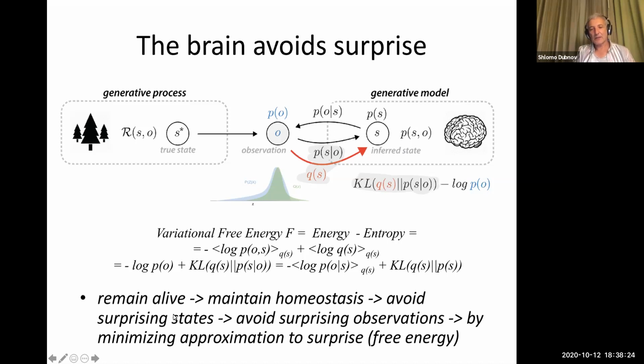We actually don't know the states, we know the observations, but we go with this logic. And this is done by minimizing the approximation to surprise using free energy, where the surprise itself comes from the environment, but this is the quality of our approximation.